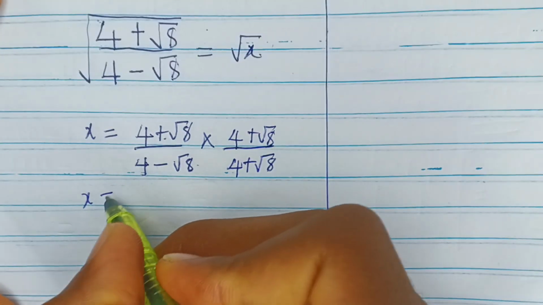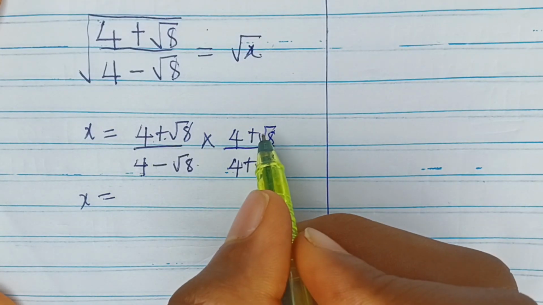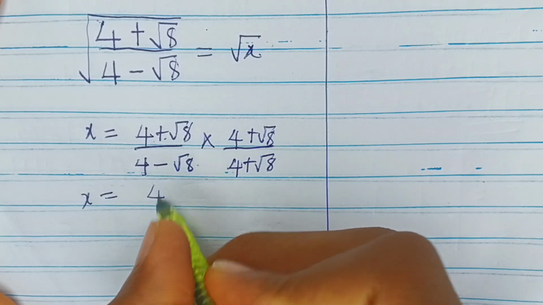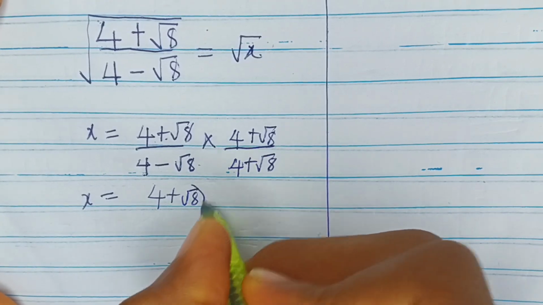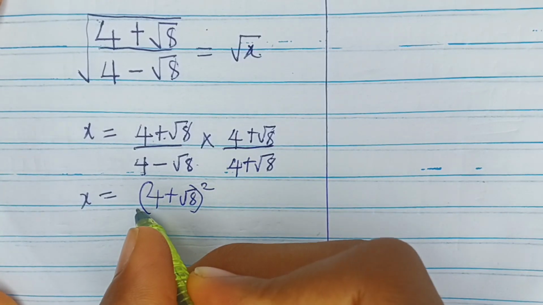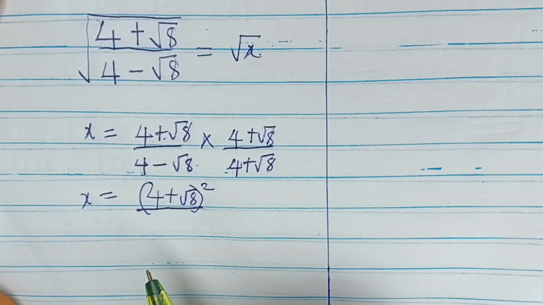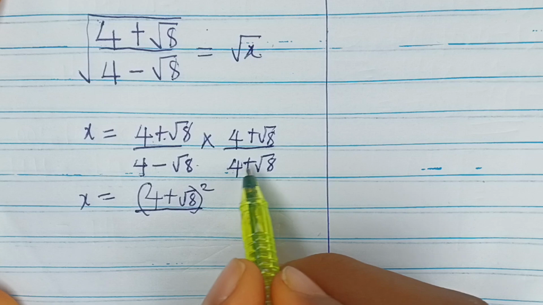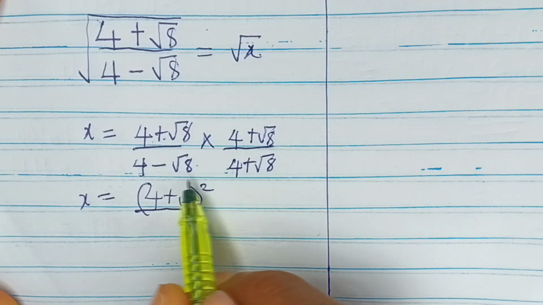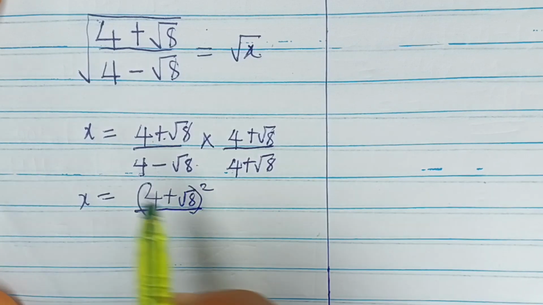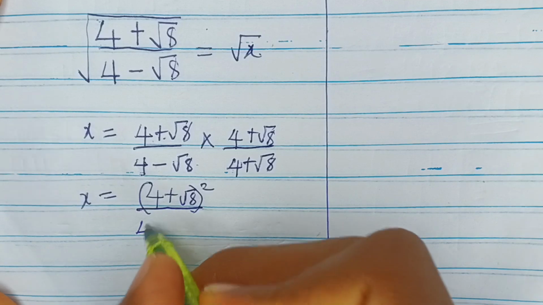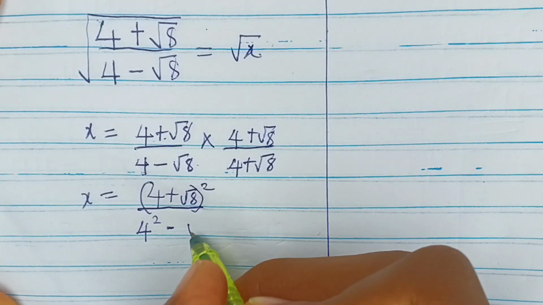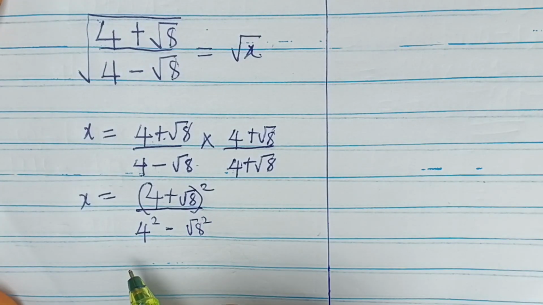So x will be equal to 4 plus root 8 times 4 plus root 8, which means 4 plus root 8 all raised to power 2. Now, 4 minus root 8 times 4 plus root 8 reminds us of difference of two squares. So this is equal to 4 squared minus root 8 squared.